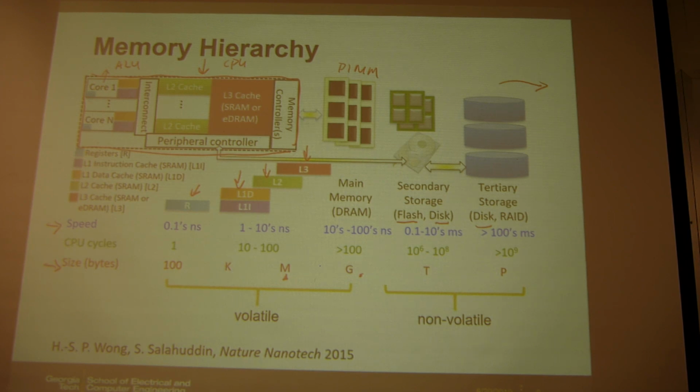So can you guess what that is? Tape. Yeah, exactly. Magnetic tape. That actually has the largest capacity. You can store a lot of information there, but of course it's very slow, and it's good for archiving purposes.